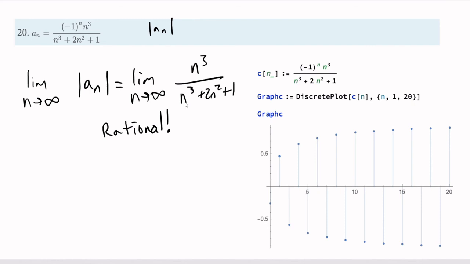So that rule just extends all the way to rational functions of sequences too. So highest power on top, highest power on bottom. This equals 1. All right. So we're at this point now where I'm trying to say, okay, well, the limit of the absolute value equals 1, so then the limit of the original will also equal 1.